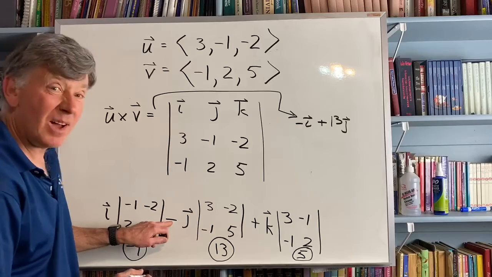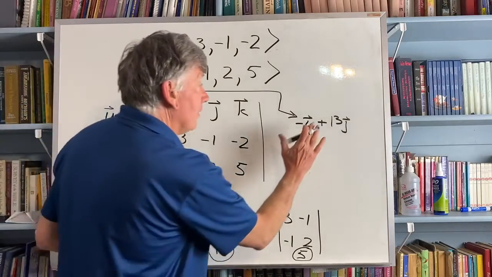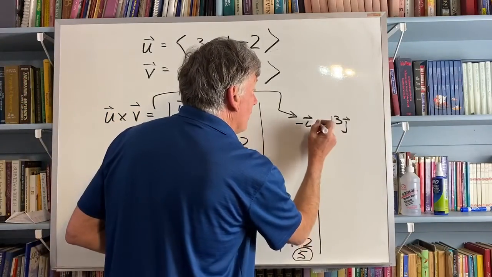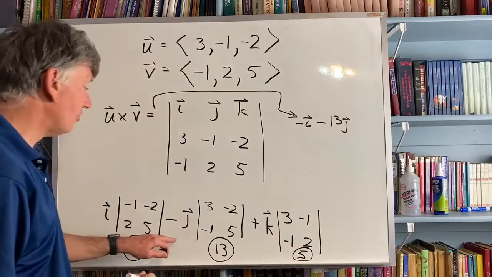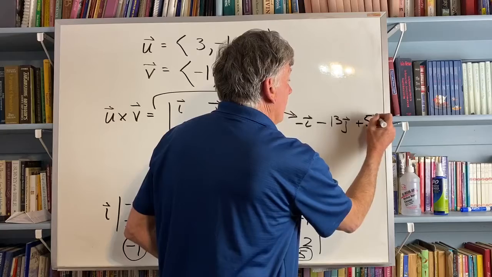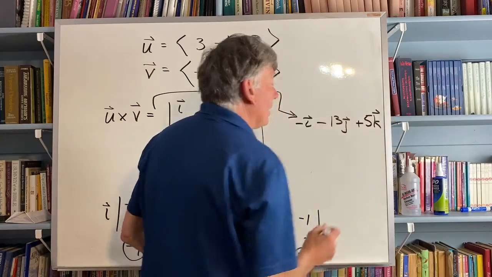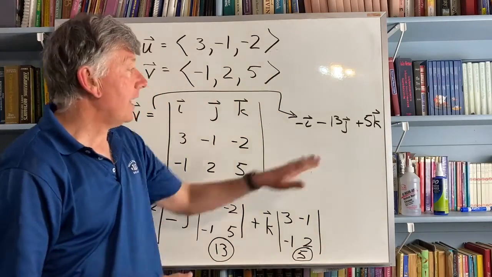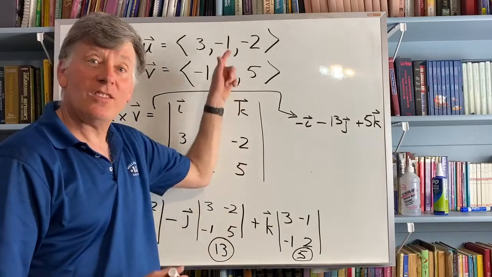Notice I forgot that minus sign. Don't do that. This is supposed to be a minus because of that. Minus 13j plus 5k. I'm glad you got to see me make a mistake. But that is the cross product of these two vectors.